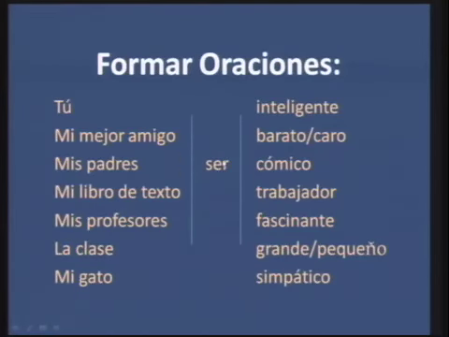Remember, soy, eres, es, somos, sois, son. And then you're going to add an adjective. Inteligente, intelligent. Barato, cheap. Caro, expensive. Cómico, funny. Trabajador, hardworking. Fascinante, fascinating. Grande, big. Pequeño, small. Simpático, nice.